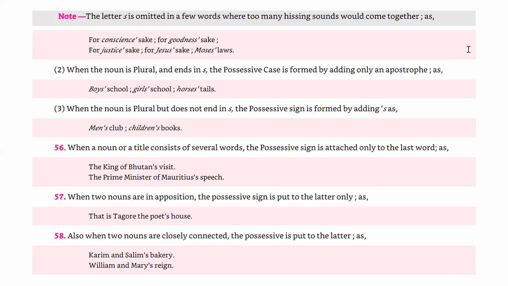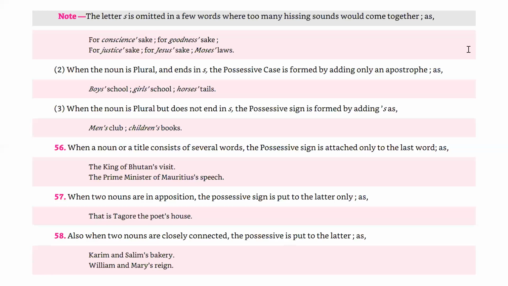Conscience sake, for goodness sake, for Jesus sake, for Moses laws. Like this, you can use after the S sound just an apostrophe. Now imagine if you put an apostrophe and S after conscience, it would sound like conscience's sake, which really sounds very bad. That's why we don't use it.